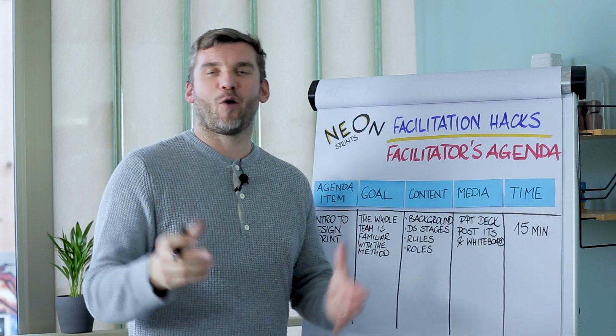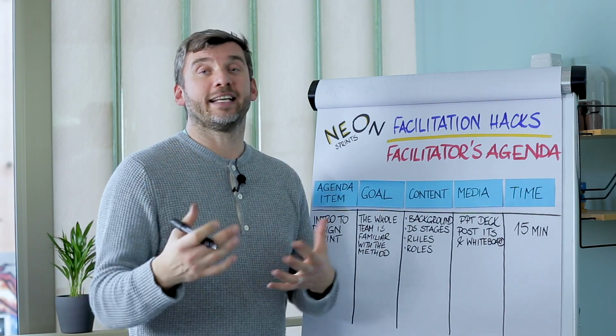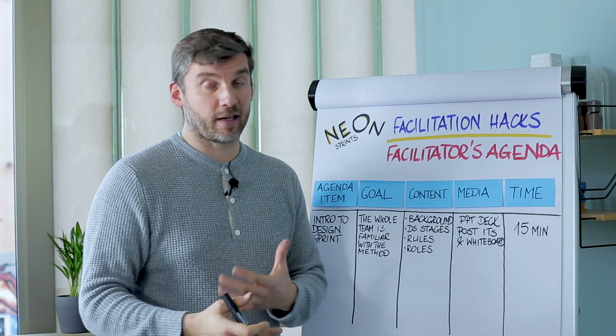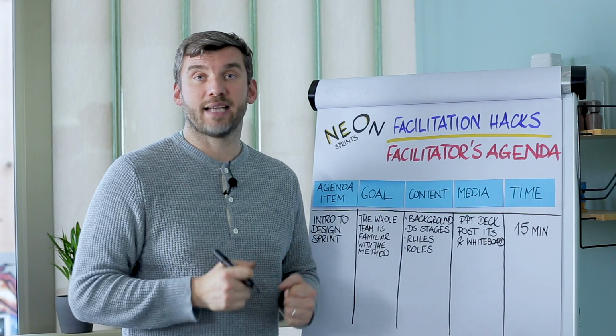This amount of time should always have some buffer calculated in it in order to deal with any spontaneous questions that might come up or anything else that needs clarification at this particular point in time.